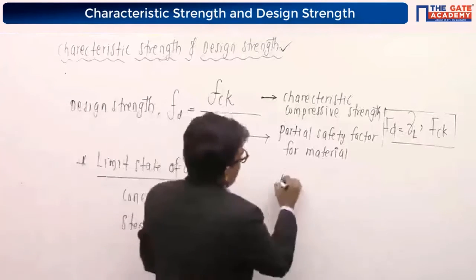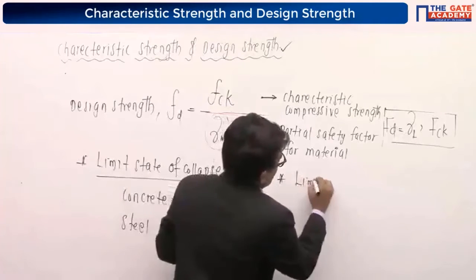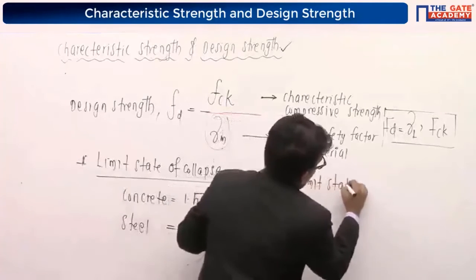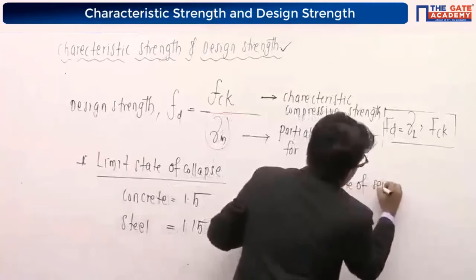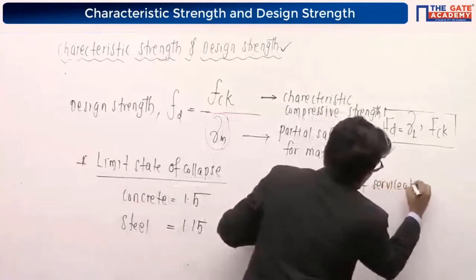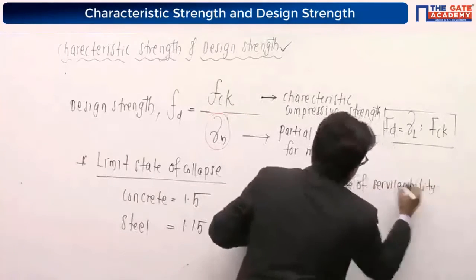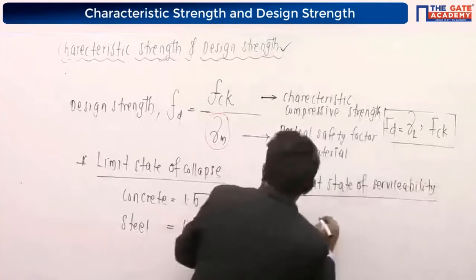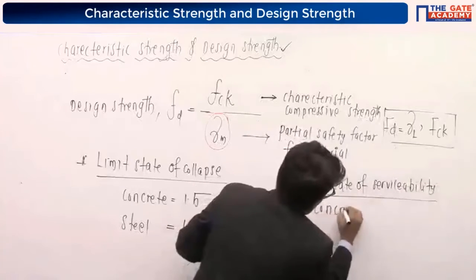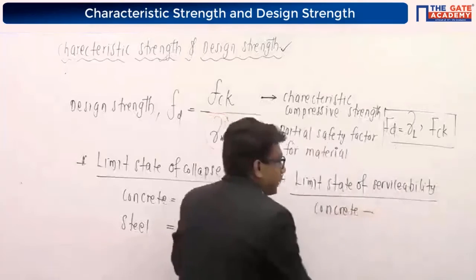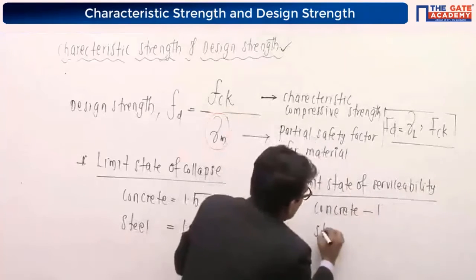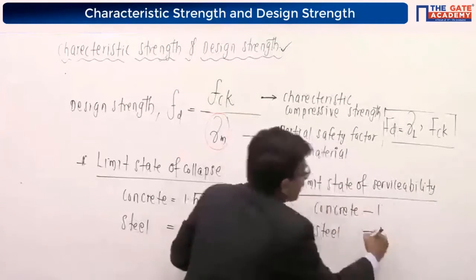And if I consider the limit state of serviceability, for concrete the partial safety factor to be considered is 1, and for steel also it is 1.